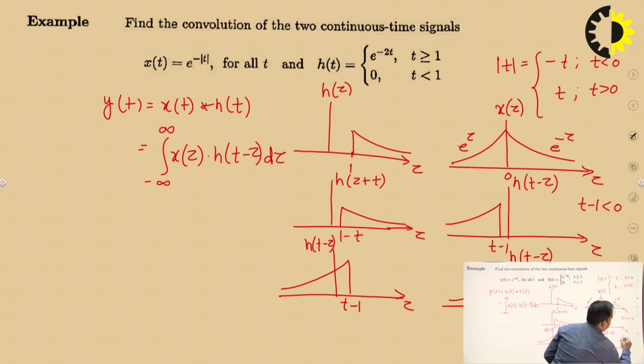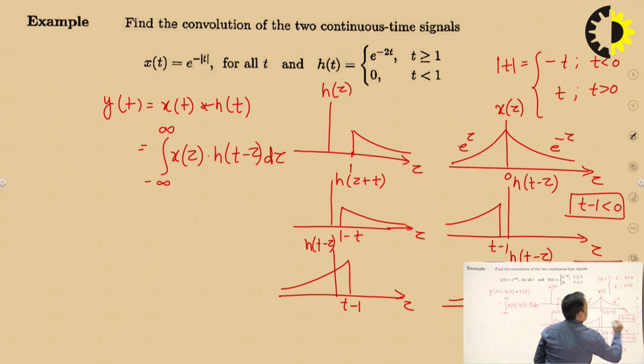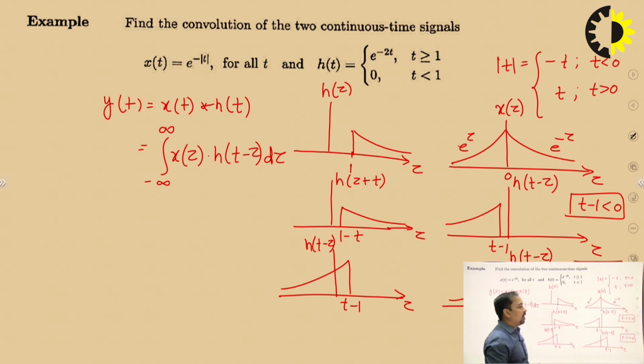This is the condition when t minus 1 is greater than 0. Later on we'll see, since it is a continuous waveform, I can add equality. As we can see, when t minus 1 is less than 0, I'm going to multiply these signals x of tau and h of t minus tau.